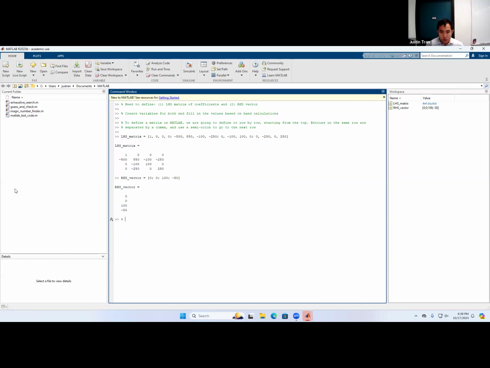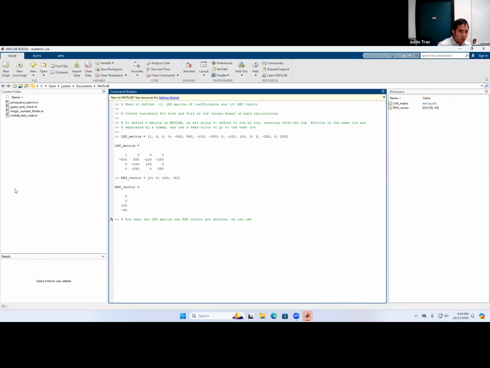Okay, so now that you have the two entries defined, the LHS matrix and RHS vector, we can use MATLAB's special operator, a special symbol that says this matrix and this vector represent a system of linear equations.